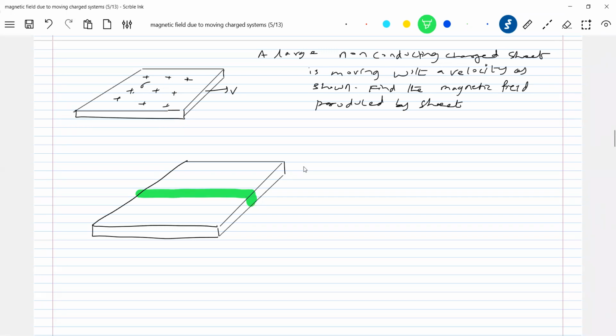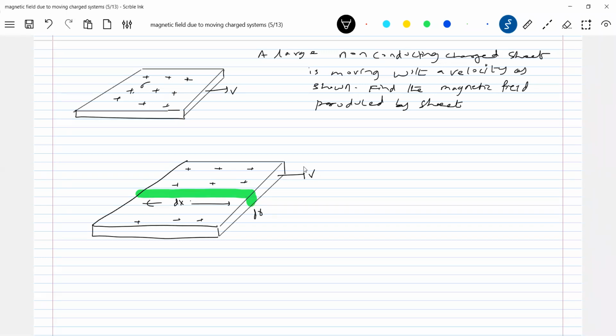I'm assuming a strip. This particular thing is moving with a velocity, no? And here the charge is present. Let the length of this be equal to dx, and the length of this part be dl, or dr, anything you want to take here.